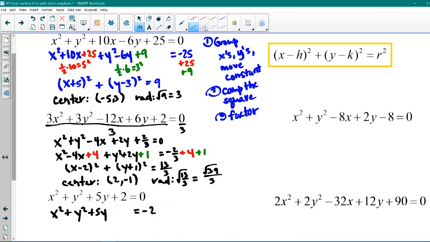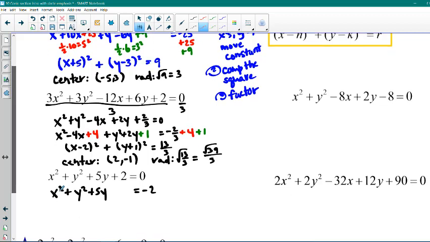So when we complete the square for the y's only, we'll take half of 5, which is 5 halves, and we will square that, which is 25 fourths. So we will add 25 fourths to both sides.